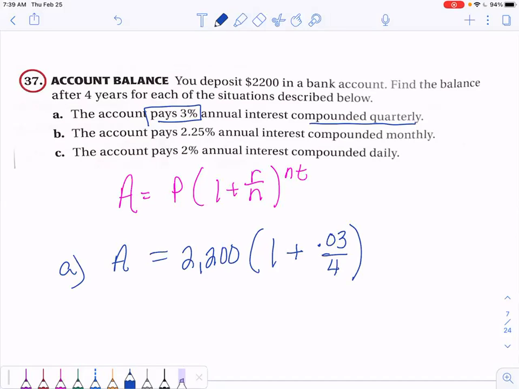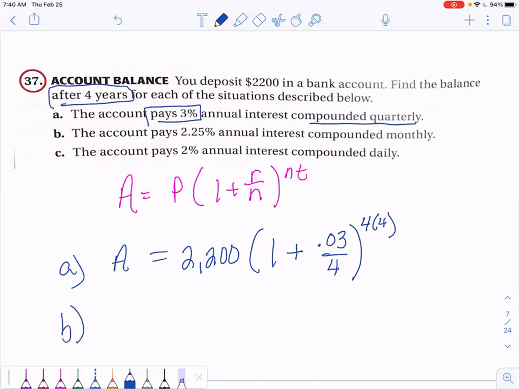So 4 times a year, you're getting a statement saying this is the money in your account. And then the exponent is N, which is the quarterly, and then T. And the time, it says, is also 4 years. So that's how you would plug in your information.